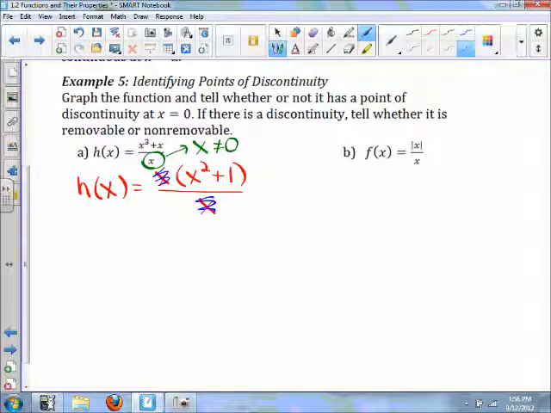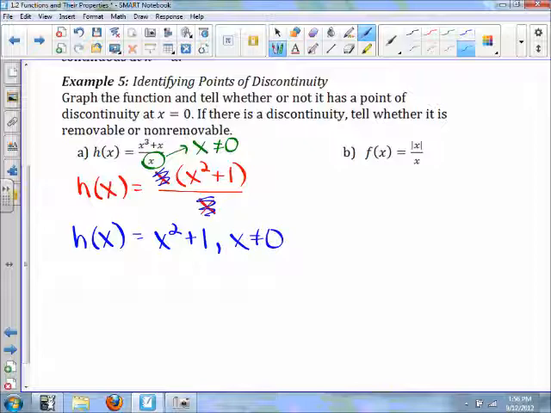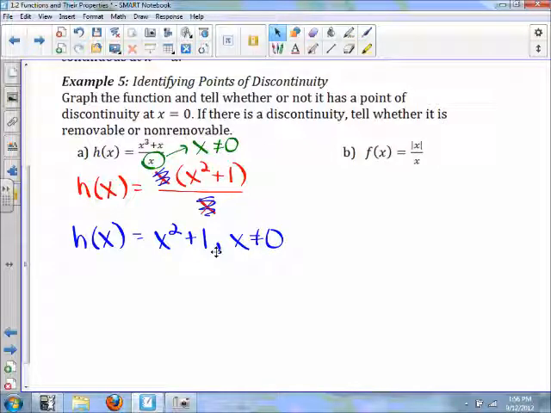Therefore, this x and this x go away. So that means h of x will equal x squared plus 1. But remember, x cannot equal 0. So there is a removable discontinuity at x equals 0. And I'll show that on the graph in just a moment.